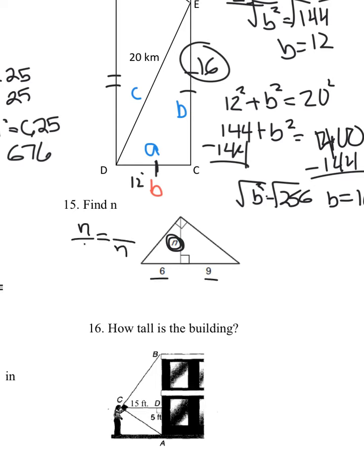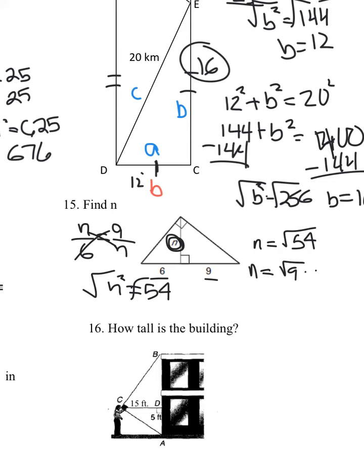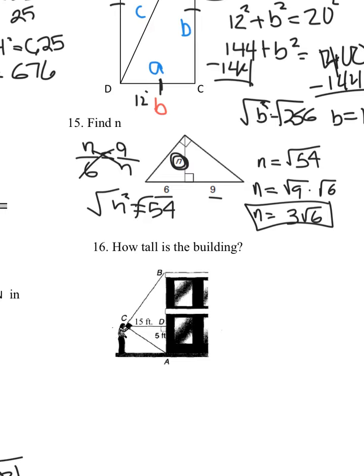These fill in the other two gaps, 6, 9. Cross multiply, square root. Can't keep it square root of 54, don't get a whole number. Breaks up into 9 and 6. Square root of 9 is 3, square root of 6 stays. That's your answer. Okay, geometric mean.